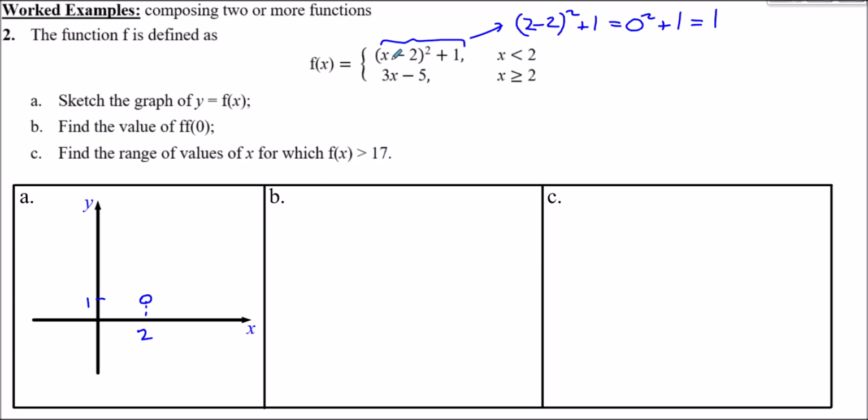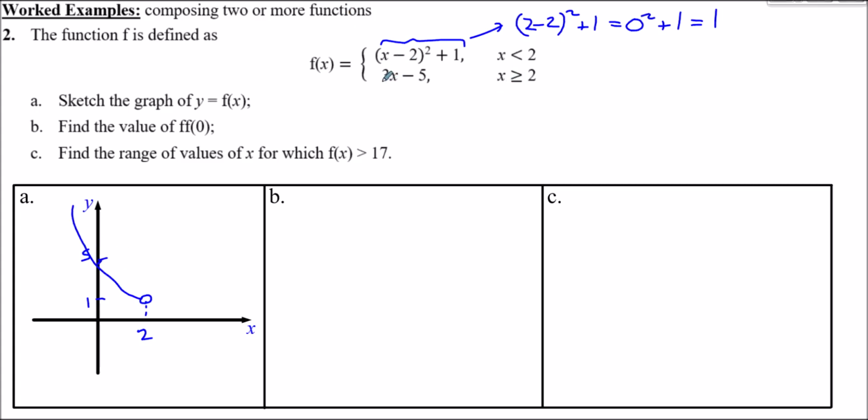If x were equal to 0, the intercept of the y-axis would be 0 minus 2 all squared, which is 4, plus 1, so it's going to cross the y-axis at 5. And as I said, it's going to be parabolic. That would have been its minimum point if we were allowed to plot it. So it's going to be something like this. It's not quite gone through 5, but anyway.